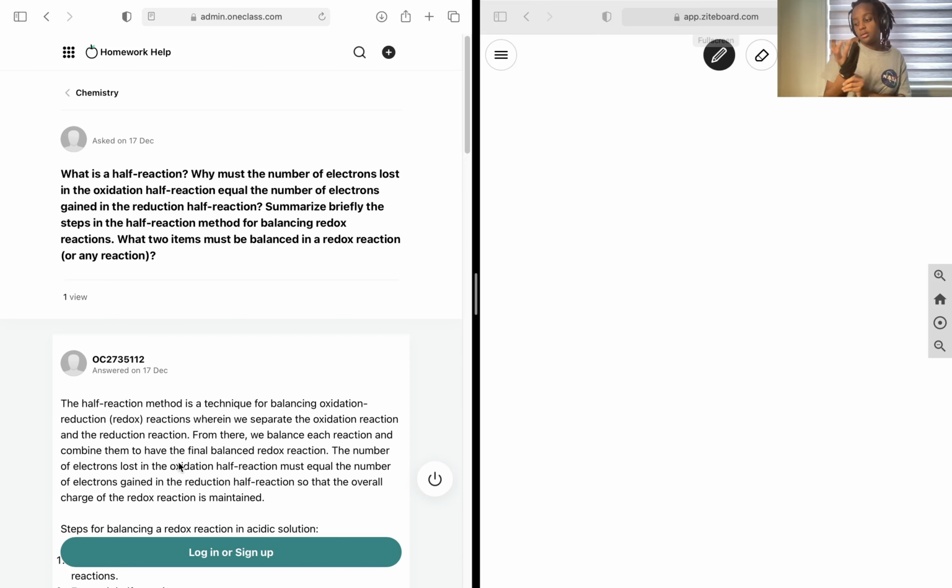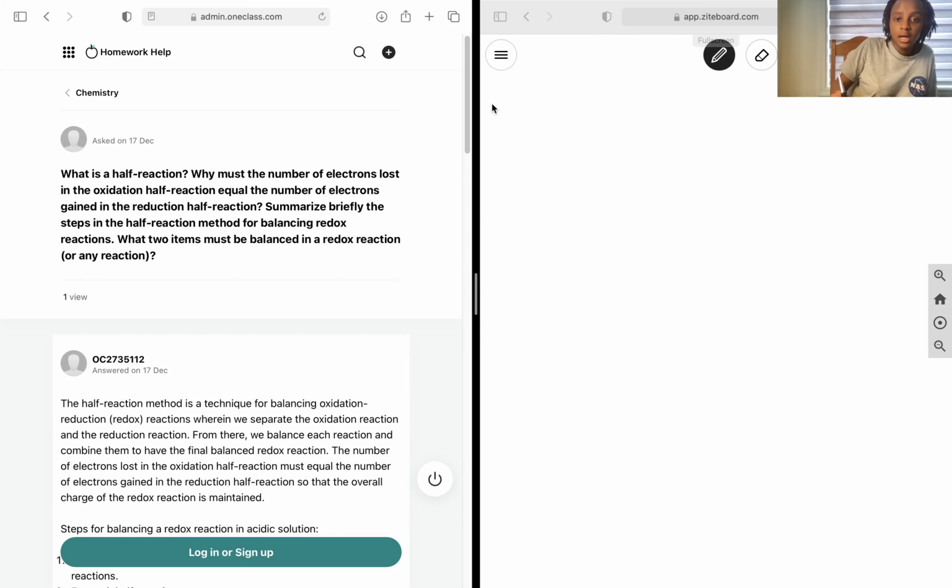Okay, so our first question is, what is a half reaction? Why must the number of electrons lost in the oxidation half reaction equal the number of electrons gained in the reduction half reaction? And summarize briefly the steps in the half reaction method for balancing redox reactions. What two items must be balanced in a redox reaction?